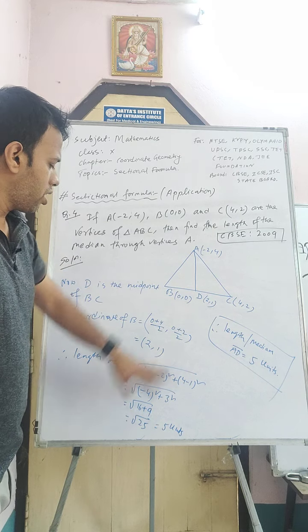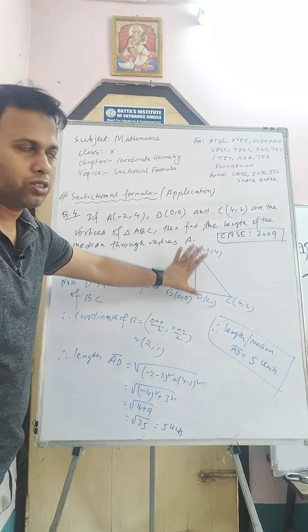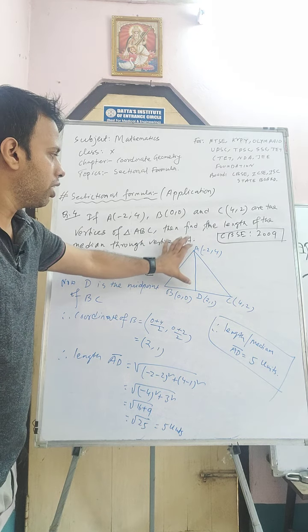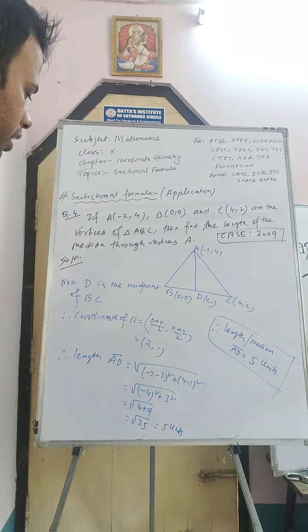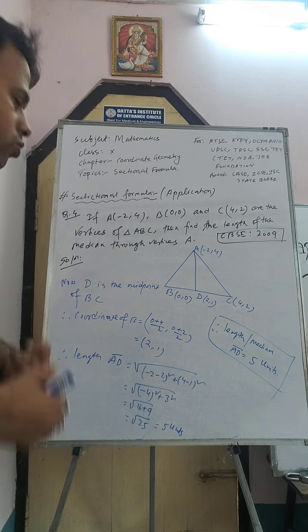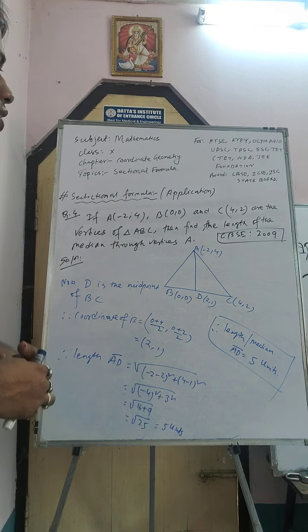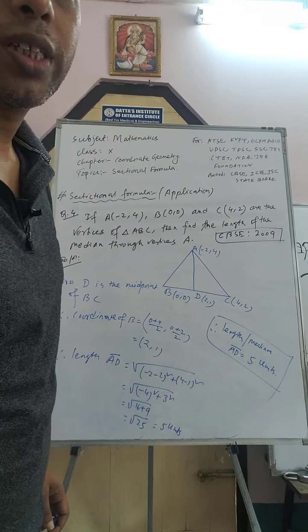Now I find D is 2, 1, and A is given, so we have to find the length of AD, that is the length of the median. I use the normal two points formula, root under x1 minus x2 whole square plus y1 minus y2 whole square, and it becomes 5 units. So the length of median AD will be 5 units. Okay, so take a screenshot here.